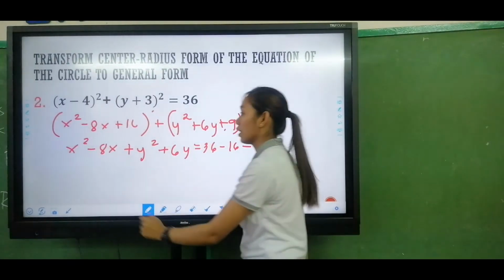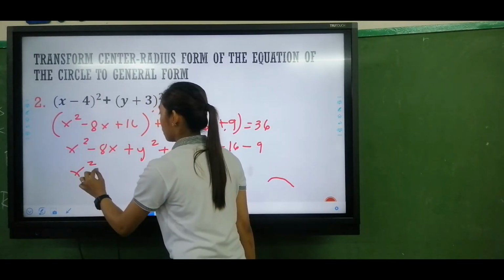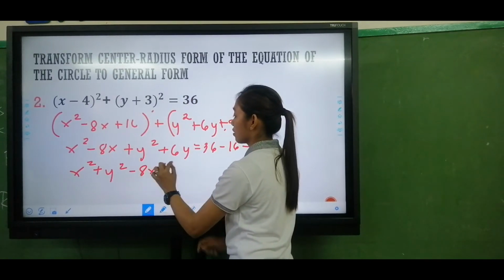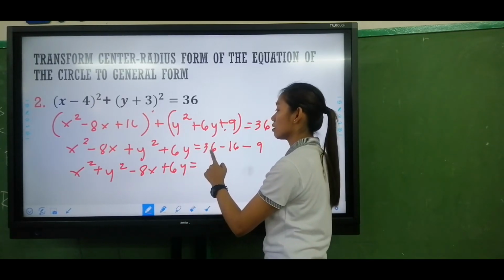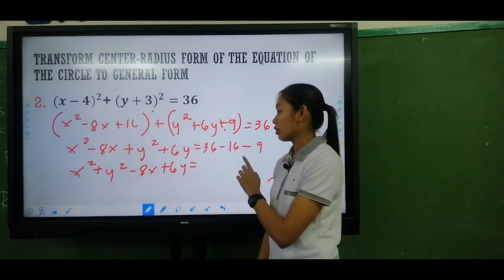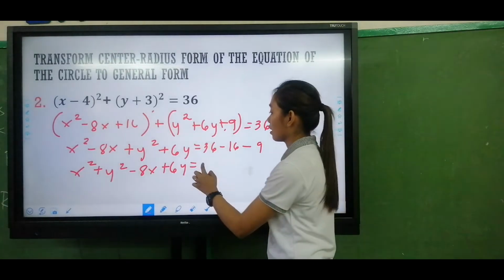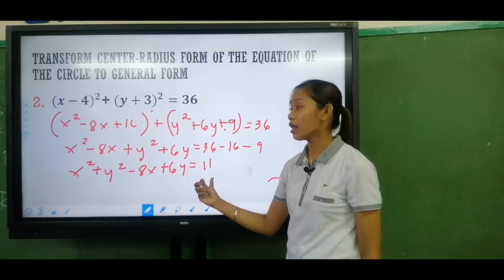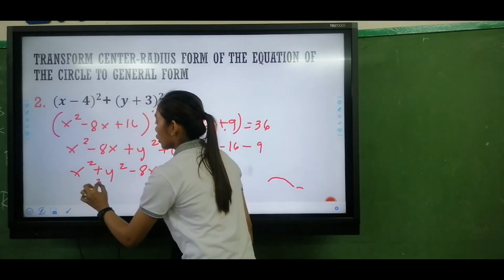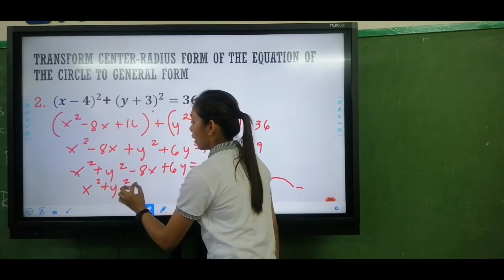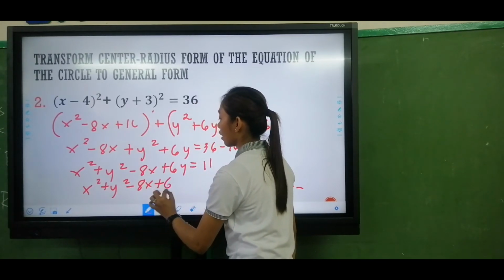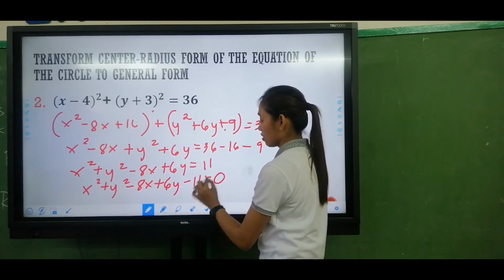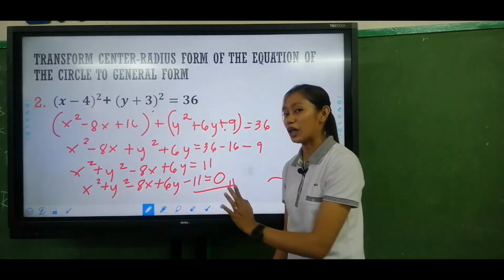So arrange na natin: x squared plus y squared minus 8x plus 6y is equal to 36 minus 16 is 20, minus 9, that is 11. Lipat na ulit natin sa left side si constant na 11. So that will be x squared plus y squared minus 8x plus 6y, positive, magiging negative 11 equals to 0. This is now your general form for number 2.